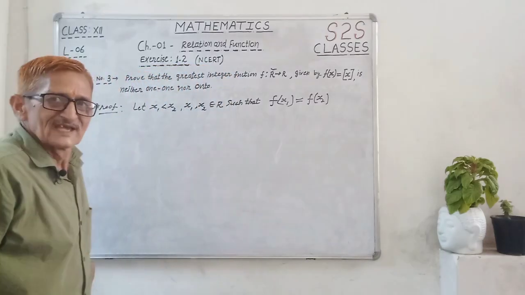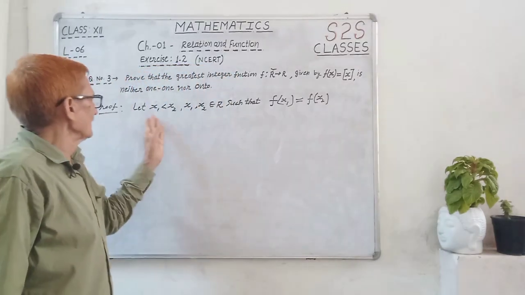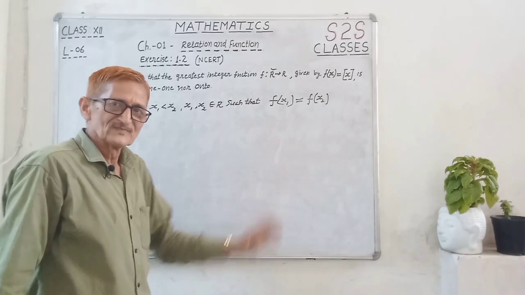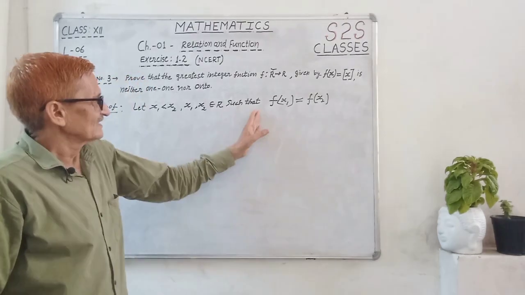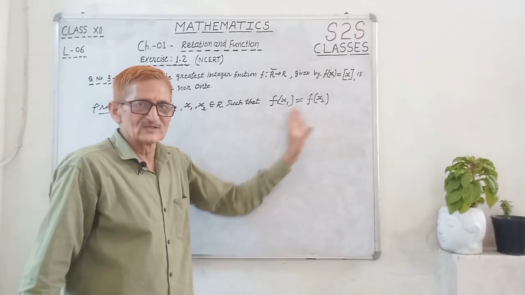Let us suppose that x1, x2 are different input domain elements, x1 less than x2, such that the images on both are equal.